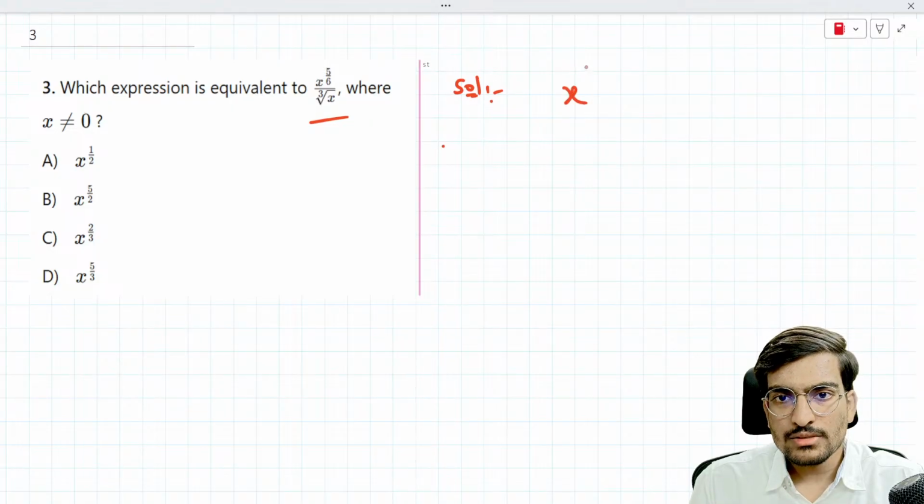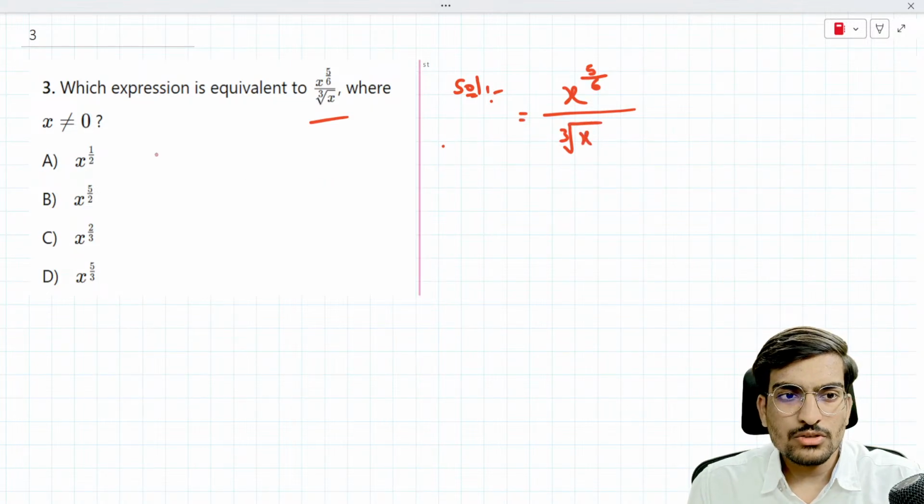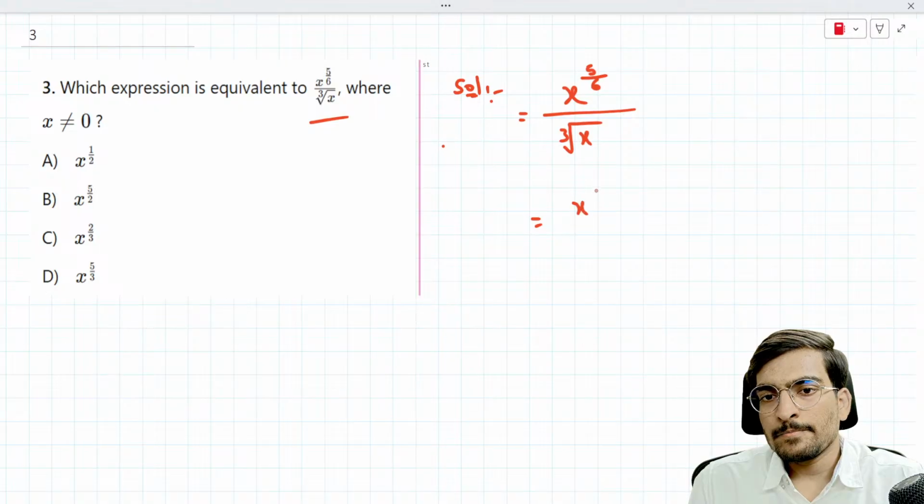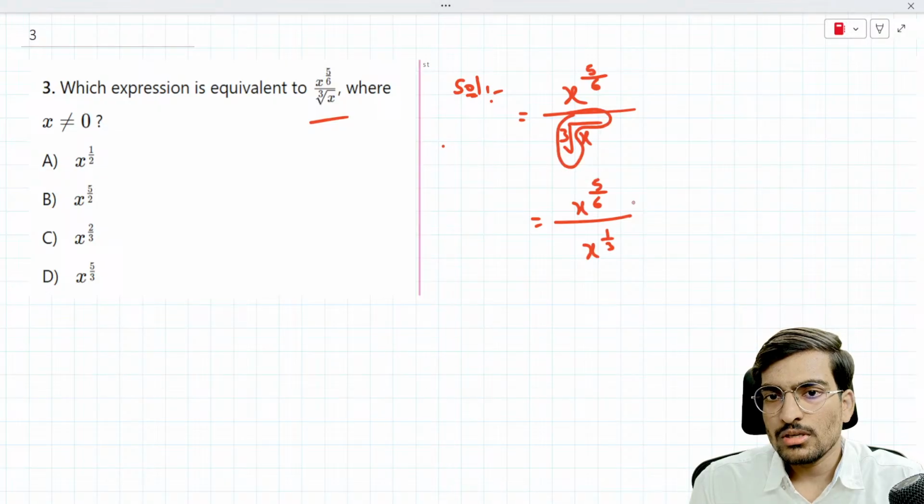So x raised to the power of 5 by 6 divided by the cube root of x. So how can we reduce this? You see here, there is no square root term, only some power term is there, and there is only x. So what we can do is x raised to the power of 5 by 6 divided by x raised to the power of 1 by 3. I just turned this root into the exponent.